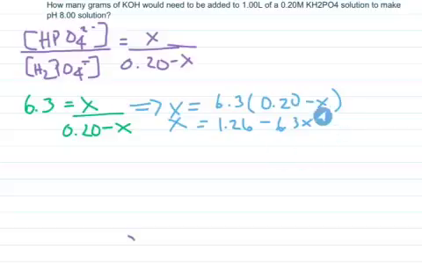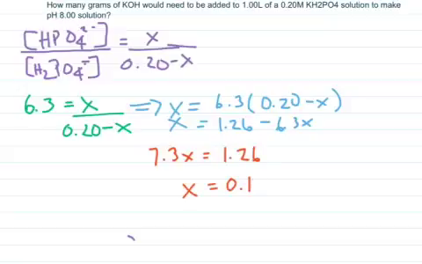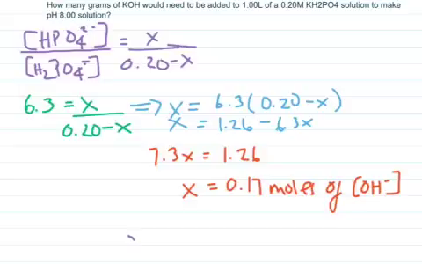I'm now going to add 6.3x to this side, and that gives me 7.3x is equal to 1.26, which gives me x is equal to 0.17 moles of OH-.